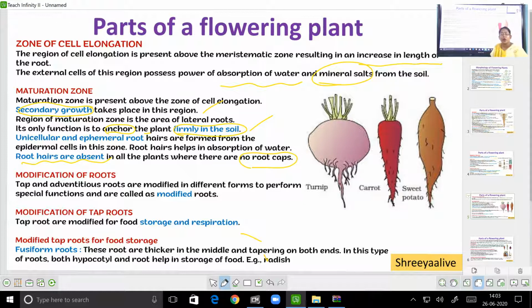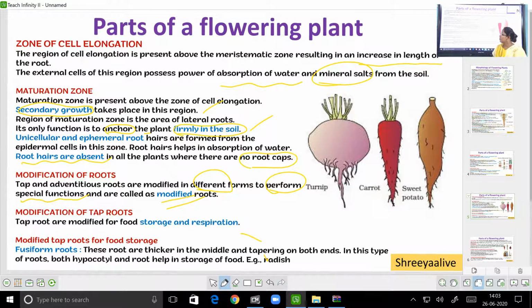Roots, it may be the tap roots or the adventitious roots, will be modified in order to perform different functions, or a special function. Such roots are called modified roots. In order to perform a special function, these tap roots or adventitious roots are modified.